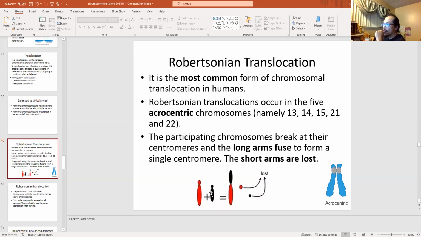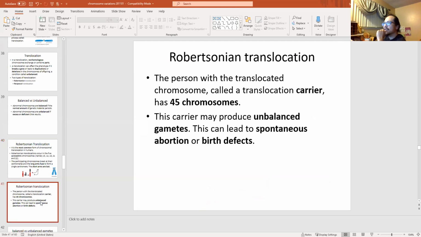And this happens only between these five acrocentric chromosomes: 13, 14, 15, 21, and 22. This could lead to a balanced and an unbalanced outcome.